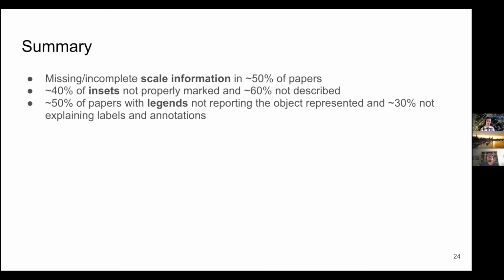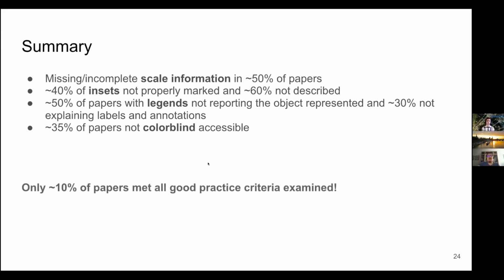And half of the papers have legends not reporting the object, and 30% of the papers do not explain the labels and the annotation used. Then 35% of papers contain figures, images, or labels which were not accessible to colorblind readers.